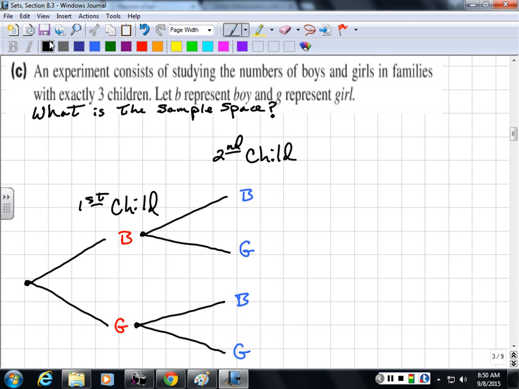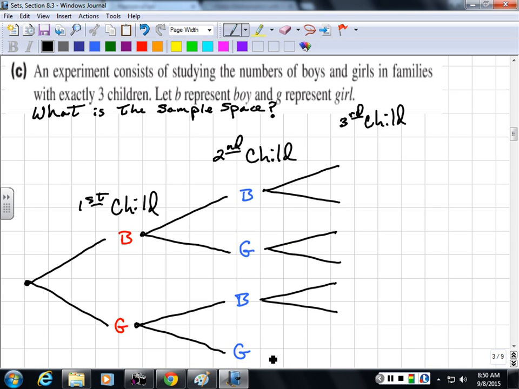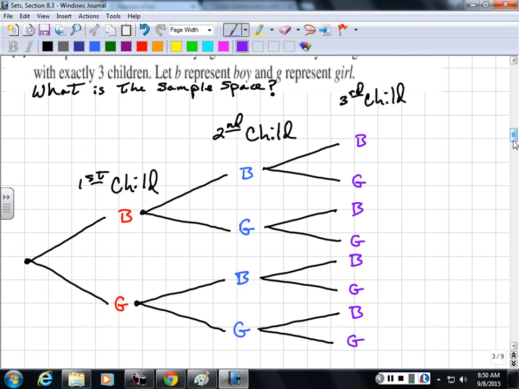Once again, the third child in this scenario will either be a boy or a girl. And each one of the preceding genders will lead off to 2 possibilities. And then I will follow the branches to establish my sample space.